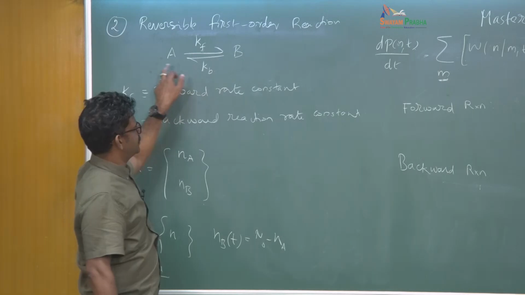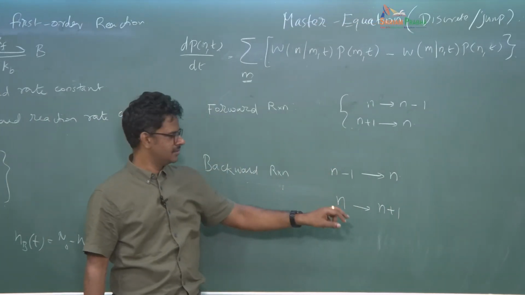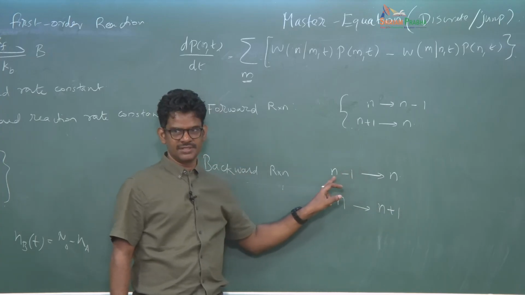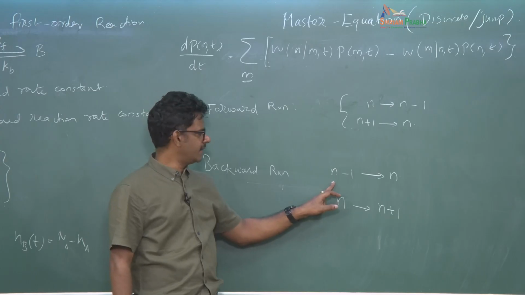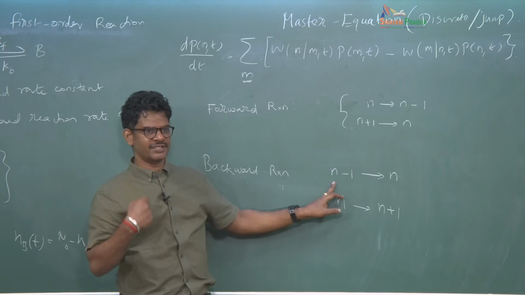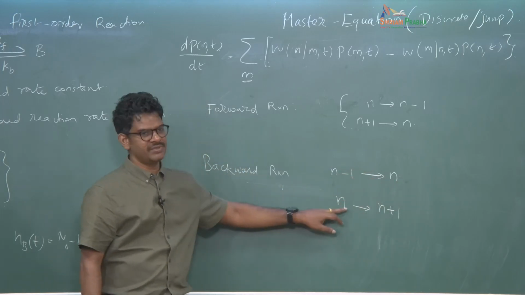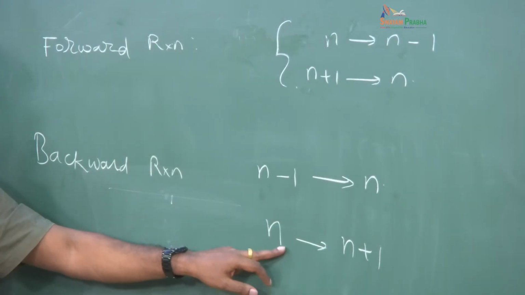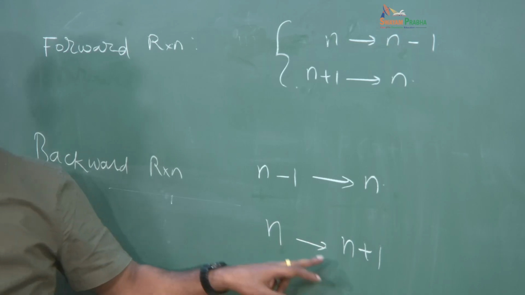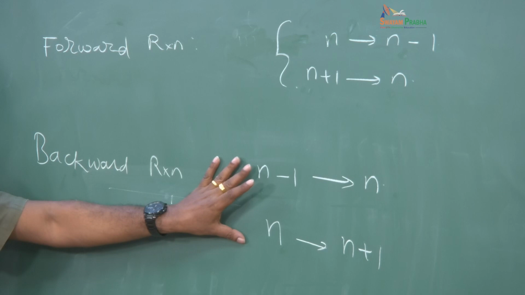So in the backward reaction, if I look at the processes that affect the state of n, one of them is this: you can have n minus 1 A molecules, and one backward reaction will put one more A, so that becomes n. Now when the system is currently at n, one backward reaction will put one more molecule, and it becomes n plus 1. So this is creating, this is destroying, just like how we found in the forward reaction. Similarly for the backward reaction this also happens.